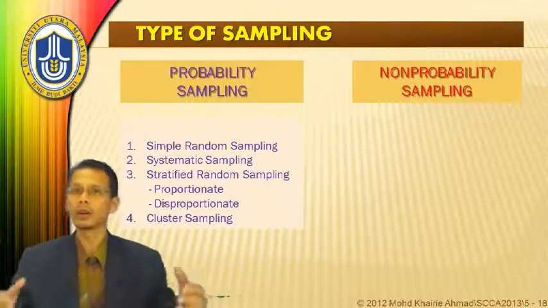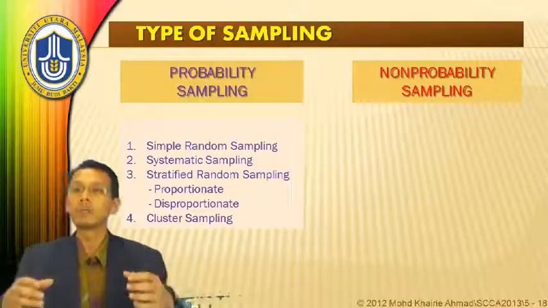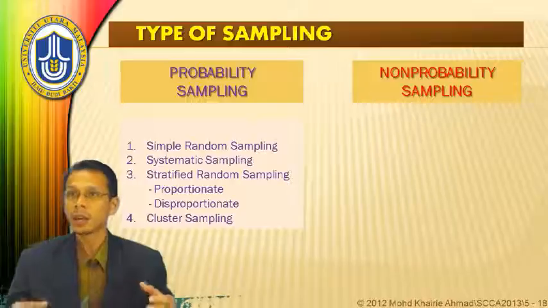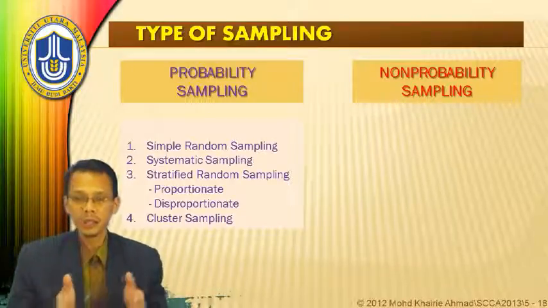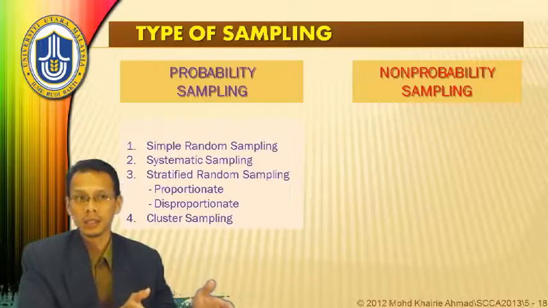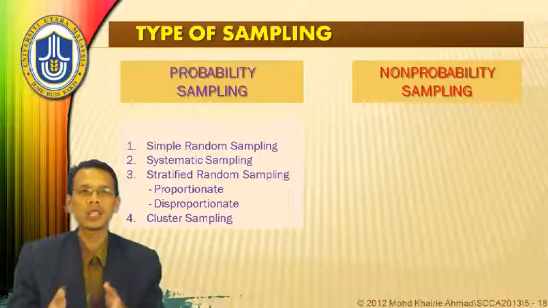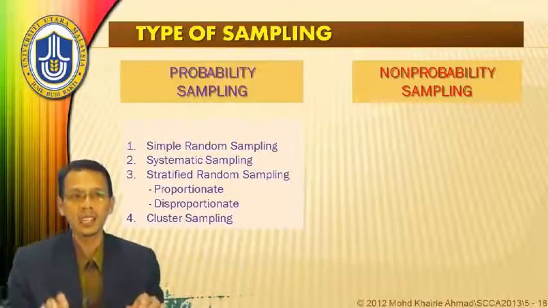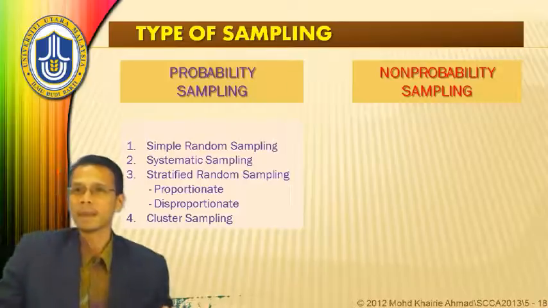For example, like we live in Malaysia, in particular Peninsular Malaysia, we might have the northern region, middle region, eastern region, or southern region. So we might only focus on this certain section. This is what we mean by cluster sampling.